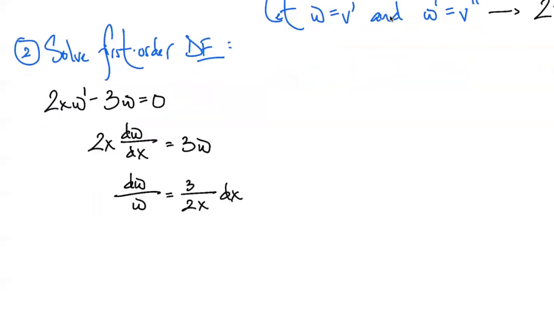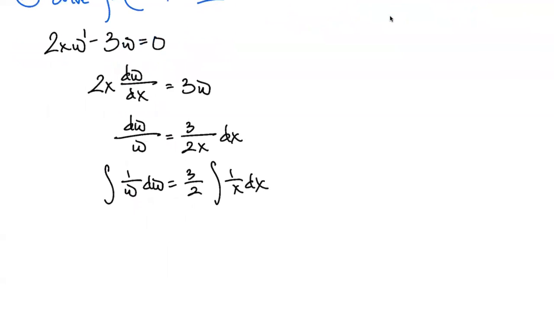And we're going to integrate. So the integral of 1 over w dw equals, let's pull that constant out, 3/2 the integral of 1 over x dx. We take the natural log on both sides: natural log of w, and then 3/2 natural log of x plus c.